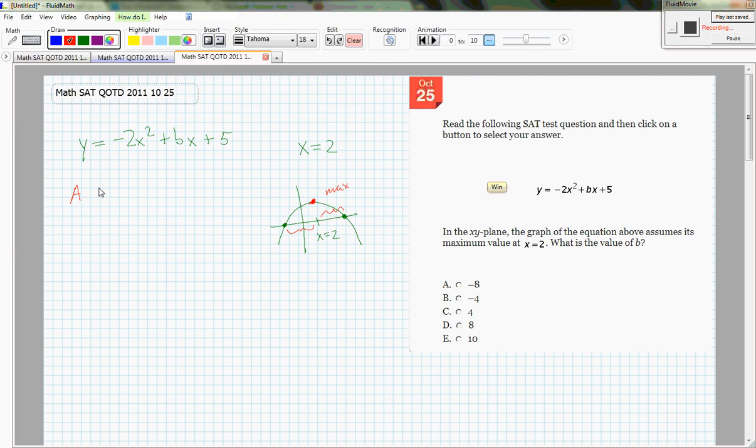So A, if b equals minus 8, y equals minus 2x squared plus bx plus 5. Sorry, that equals minus 2x squared minus 8x plus 5.